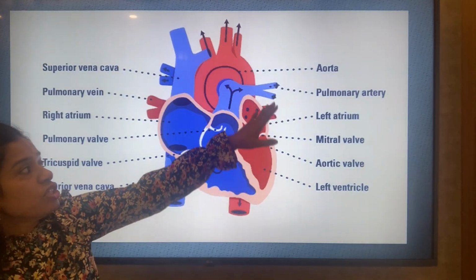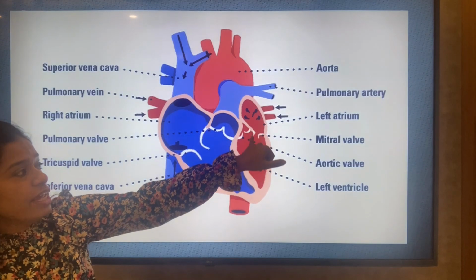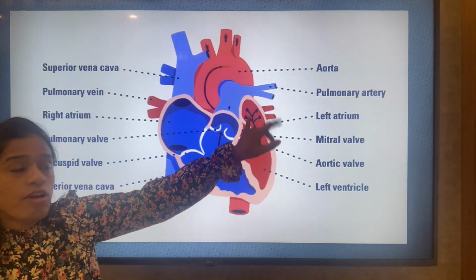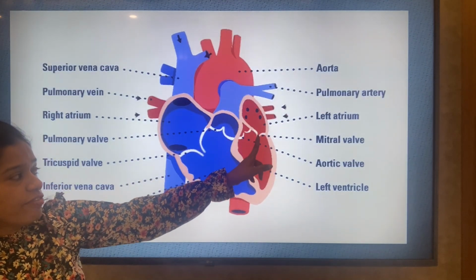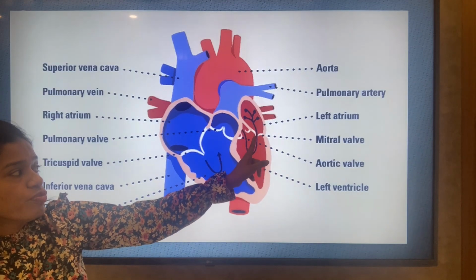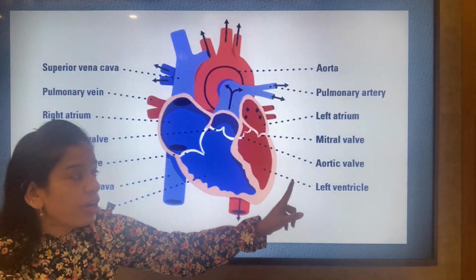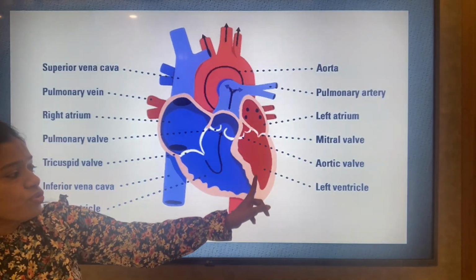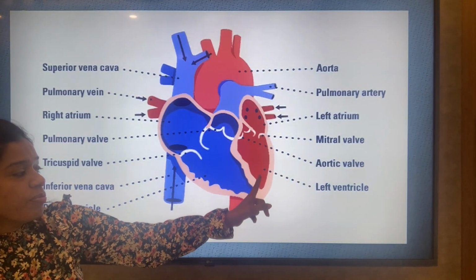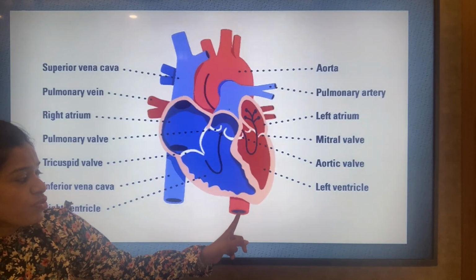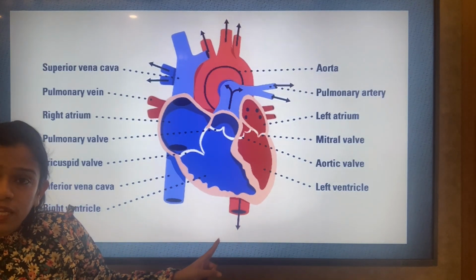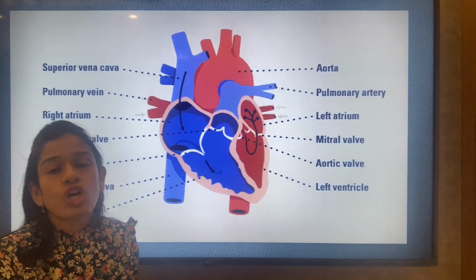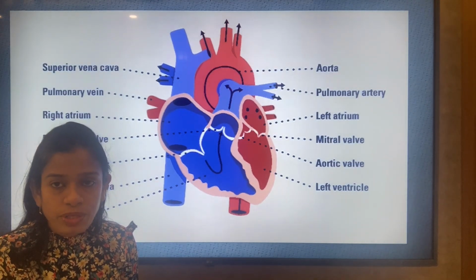The oxygenated blood enters the left atrium from the lungs, and it moves through a bicuspid valve, also known as the mitral valve, to the left ventricle. From the left ventricle, it moves out through this tube and goes to different parts of the body.